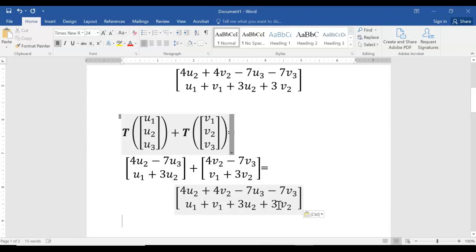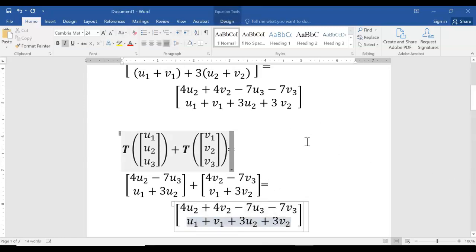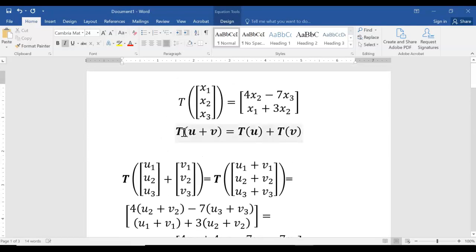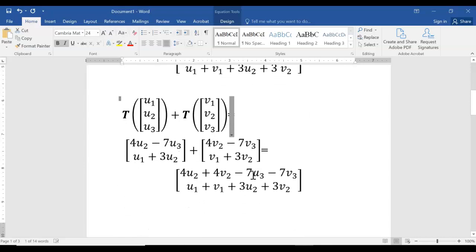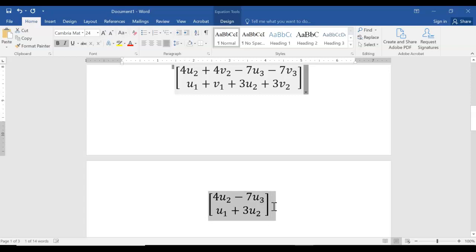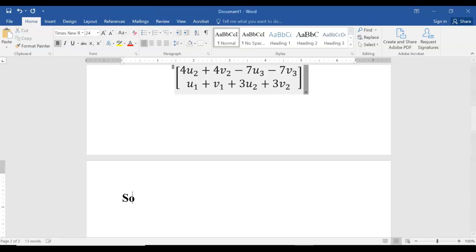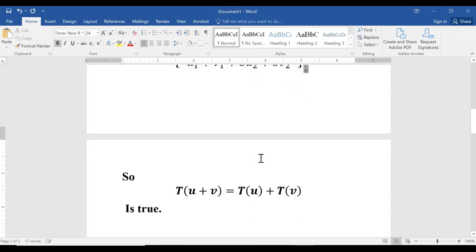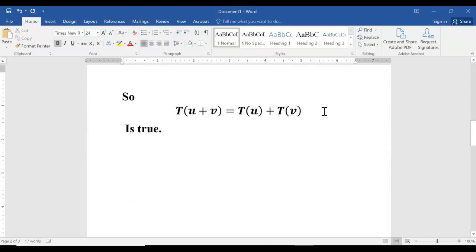So you get the exact same vector either way, and therefore since you used an arbitrary u and an arbitrary v, this equation is true for all u and all v. Okay? So that equation is true. Now that's just one property.